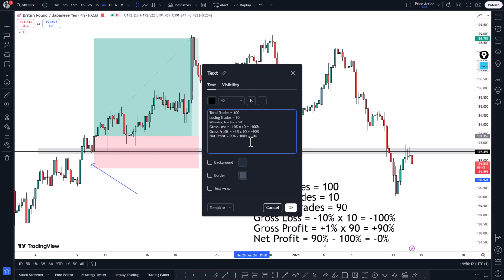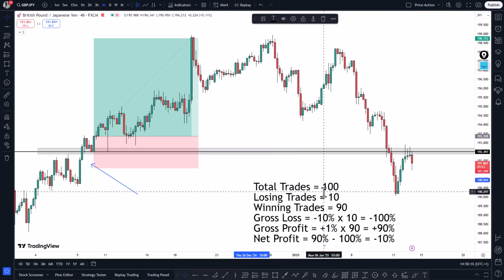Minus 10%. Now, what does this have to do with anything? Well, this is showing you the numbers, assuming somebody is paying so much attention or laying so much emphasis on catching those winning trades and only winning. You could ask that person and say, okay, what's your win rate?